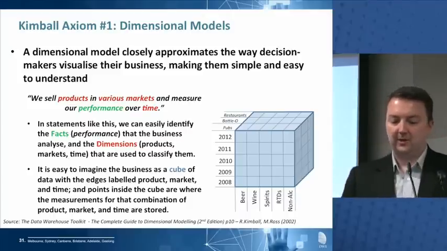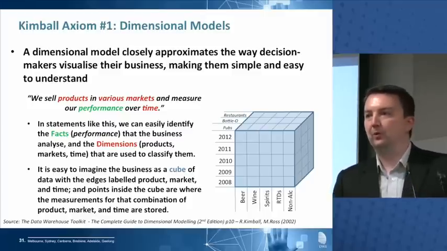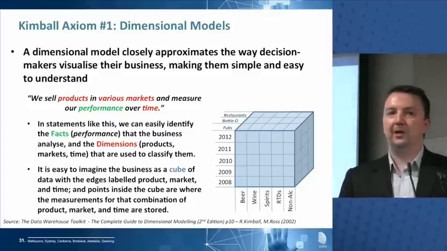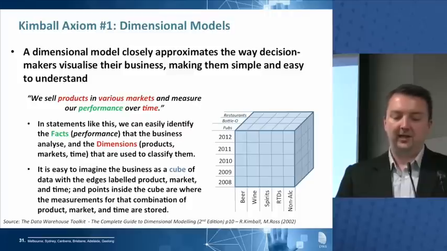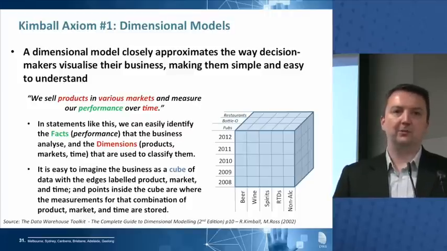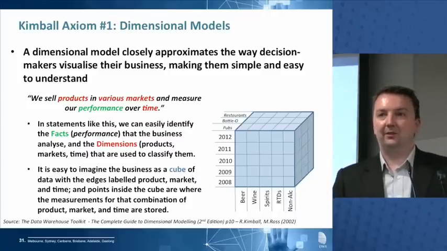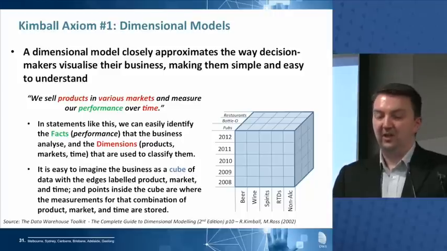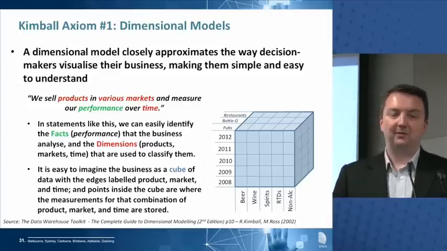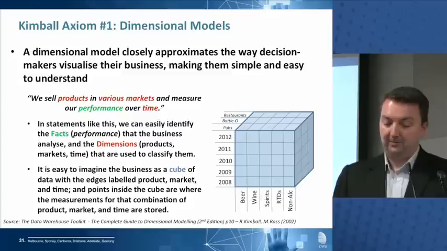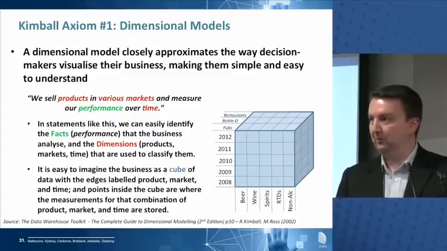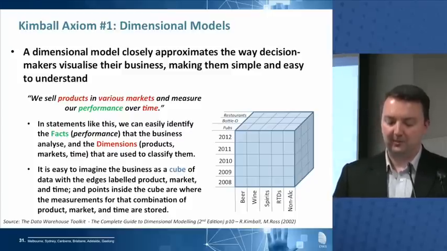So, this visual representation of a cube as being data is a very powerful way of describing dimensional models to users in a way that they can understand them, and the physical implementation of them is really not that much different. If you imagine the way the data might behave in a physical cube like this, probably behaves much the same way in the computer.